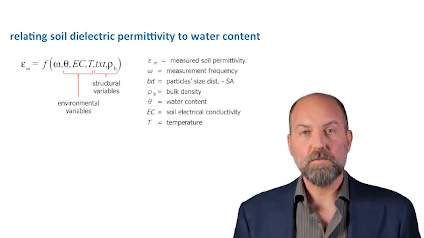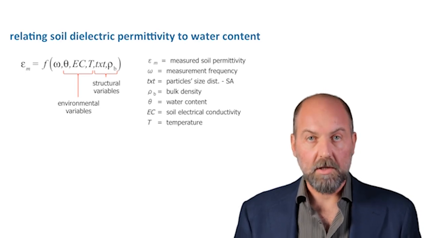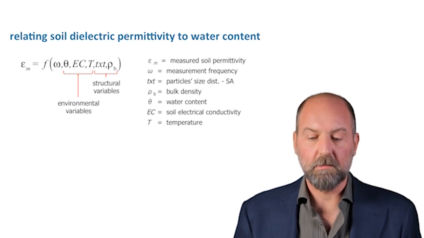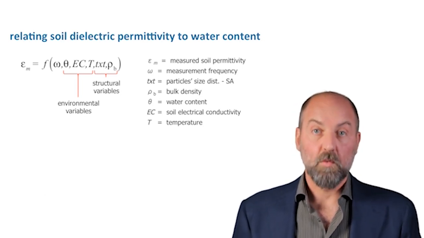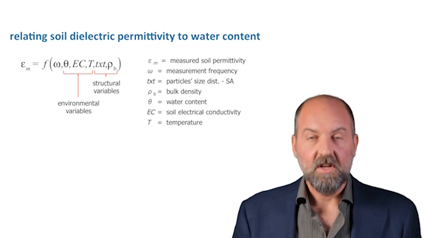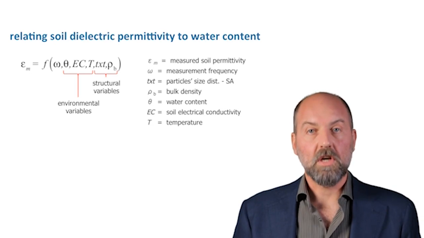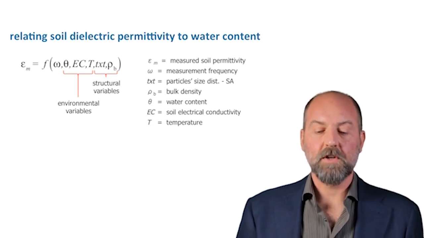As opposed to those, we have quantities that change with time under normal conditions, and I will refer to those as environmental variables. Among those, we have water content, of course, and also the electrical conductivity of the soil, or if you prefer, the salt concentration in the soil water.